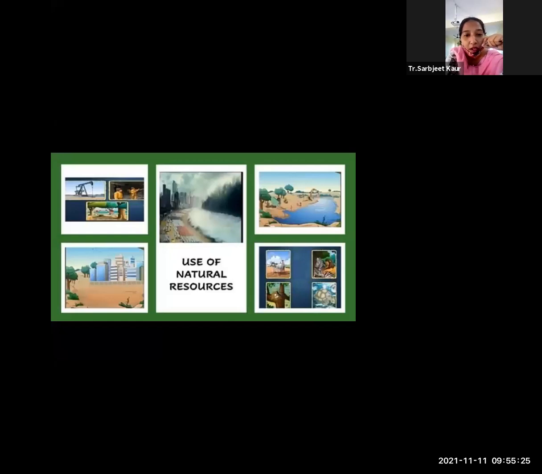Don't worry. Use of natural resources. See what the man is doing, they are wasting the natural resources. Yes or no? They pollute the water. They go there to the riverbank, wash clothes, bathe the cows, all these activities they are doing.